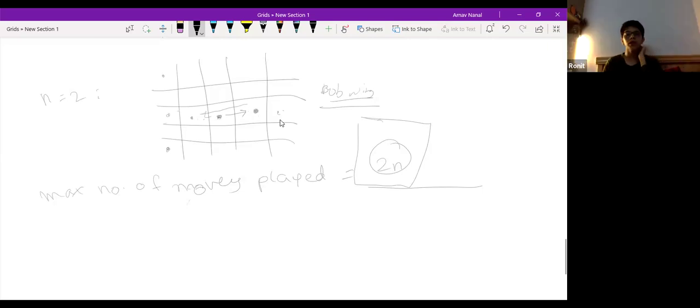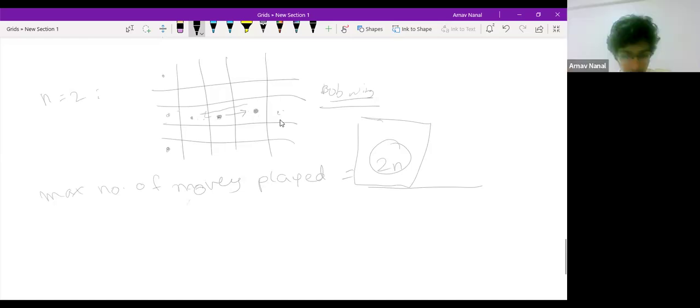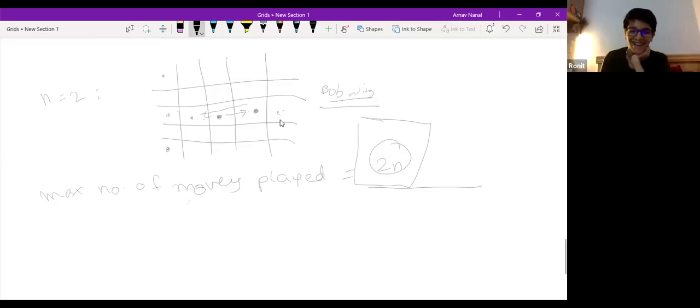Well, Alice's first move doesn't matter, because wherever she goes, it's symmetrical. Yes, true. Also wherever she goes. Right?